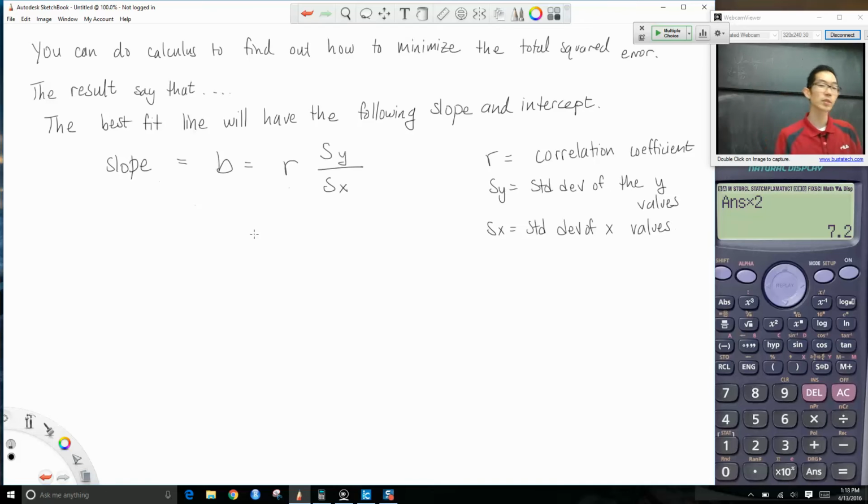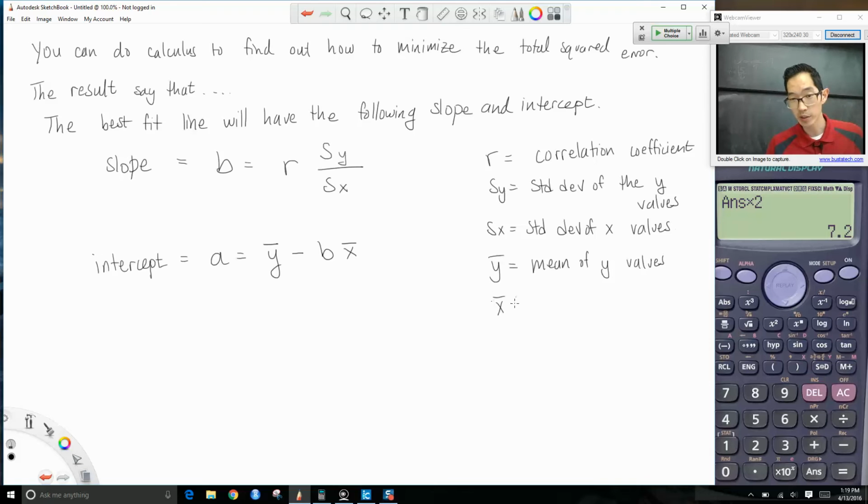Okay, so that's slope. And then we have the intercept. And that will be y bar minus b times x bar. Okay, so y bar is the mean of the y values, and x bar is the mean of the x values.